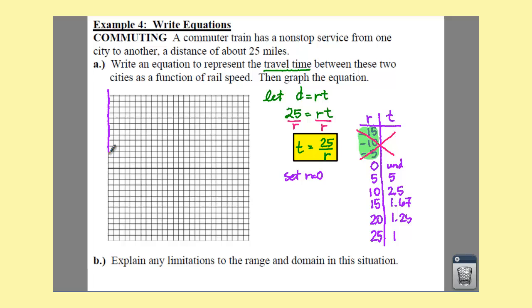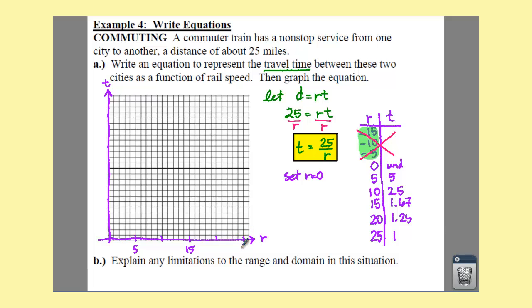So here is where we're going to put our positive, this will be your r-axis, and this will be your t-axis. So your time, let's go by, we can go by 5s here. So go 1, 2, 3, 4, 5, and there's 5, 6, 7, 8, 9, 10, 11, 12, 13, 14, 15, 16, 17, 18, 19, 20.